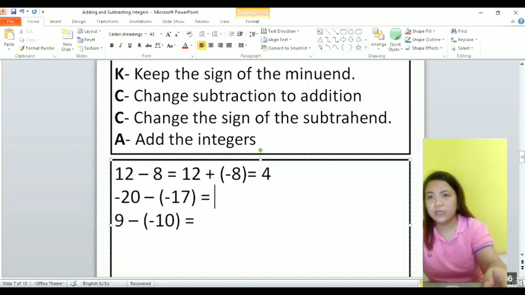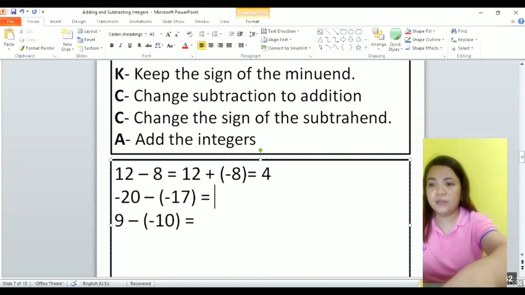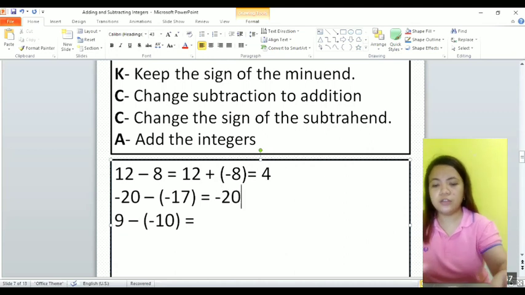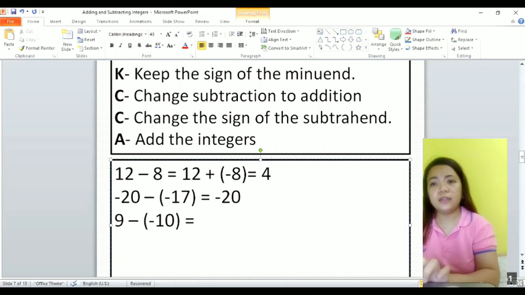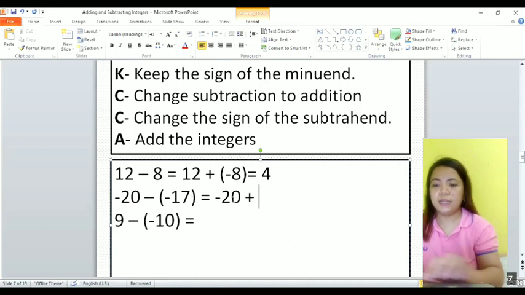So first, keep the sign of the minuend, or of the first number. So that is negative 20 as it is. Next, change subtraction into addition and then change the sign of the subtrahend here. The negative 17 will become positive 17.